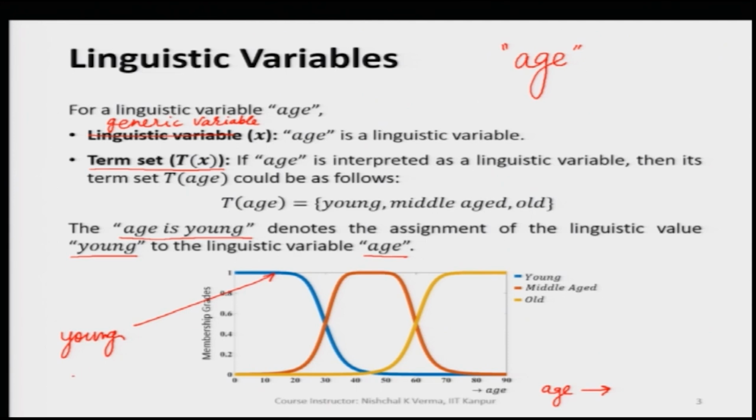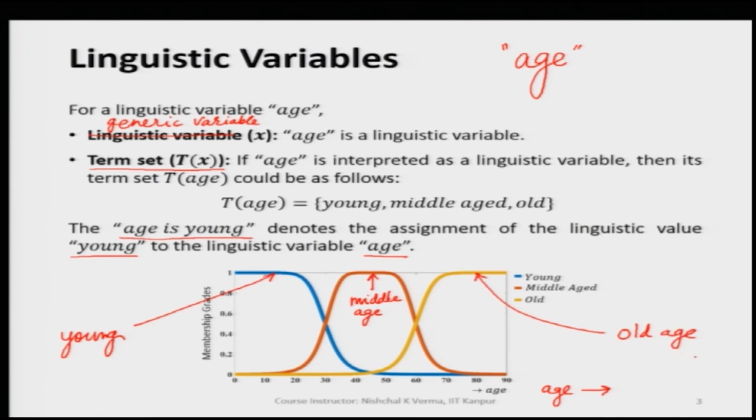Young is a left open fuzzy set, and the middle one is middle age, which is represented by another fuzzy set. Similarly, we have the old age here, which is represented by a fuzzy set which is right open.